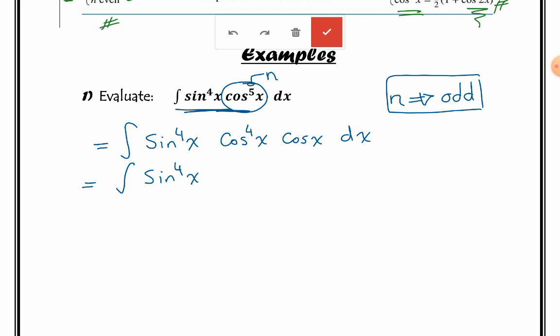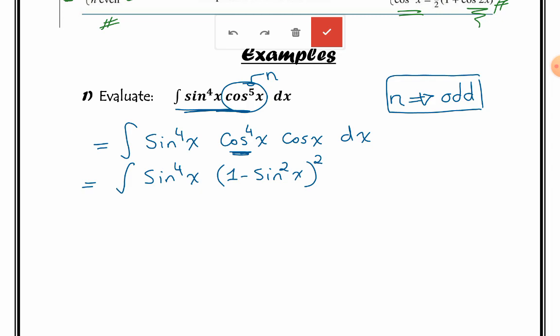And step 2 is to apply the relevant identity, which is cosine squared x equals 1 minus sine squared x. So this part, cosine to the power of 4, can be written as cosine squared, all squared, and cosine squared is 1 minus sine squared x, and this all to the power of 2.